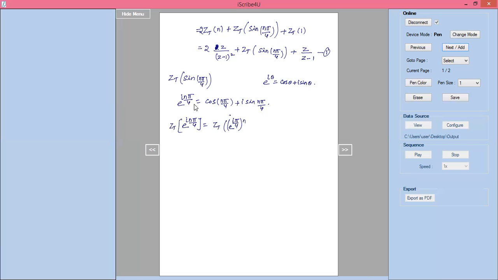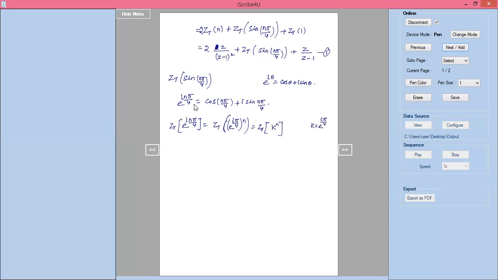Next step, I'll take k equal to e power i pi by 4, so I take the Z transform of k power n.